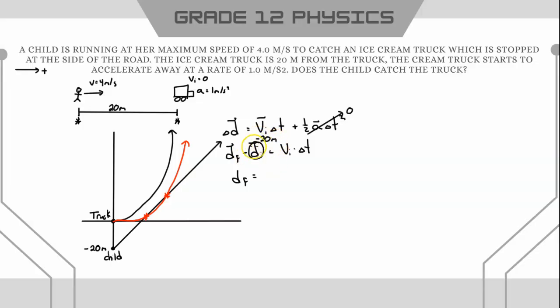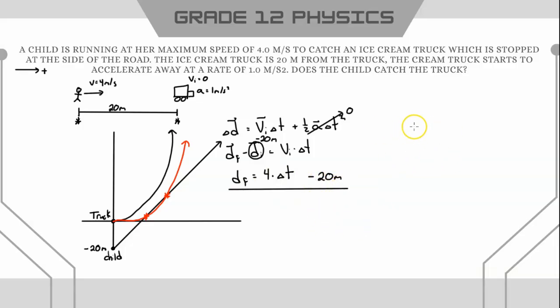And negative gives us a positive, but then I'm going to bring it to the other side of the equation, so I'm going to have to subtract it from both sides. So we're going to have minus 20 meters here. And then we have initial velocity, which is just 4, times time. So this equation for the position of our child looks like this. As you can see, we have our y equals mx plus b linear equation.